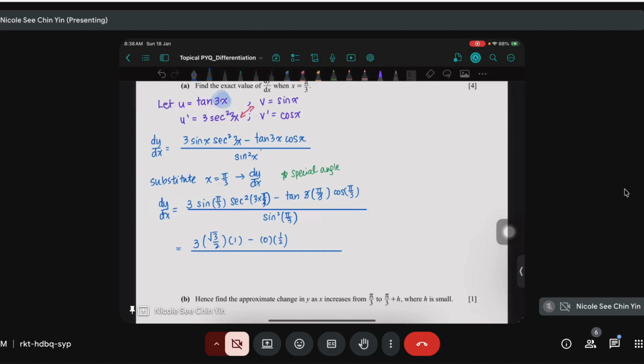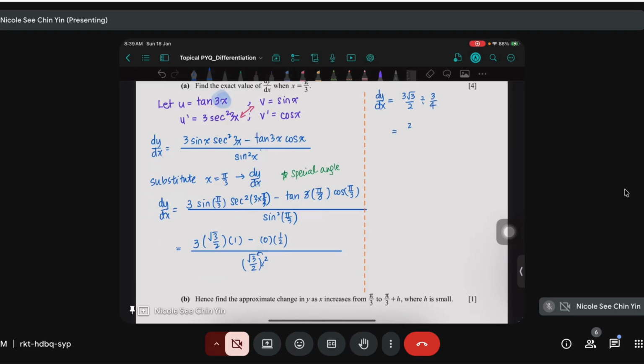So what about sine square pi over 3? You will get root 3 over 2 and square it. We continue to work on it. So what we get is dy dx equals 3 root 3 over 2 divided by, I multiply in my square, I get 3 over 4.